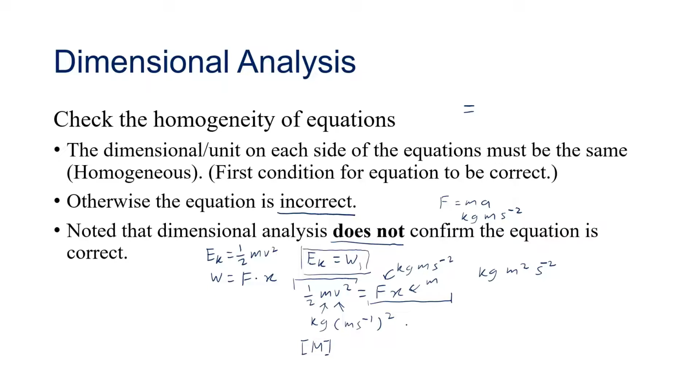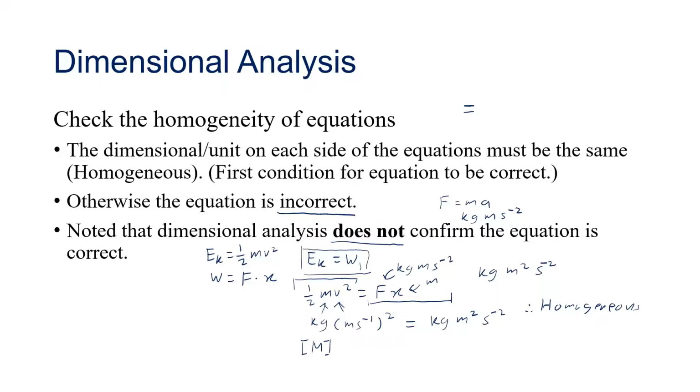Again, we get kg meter square per second square, right? You see both sides, left and right of this equation, are the same. I mean, the dimension and the unit are the same. So we can conclude this equation is homogeneous.